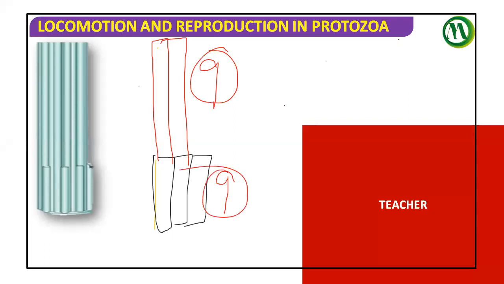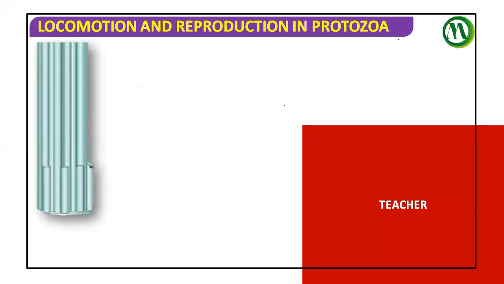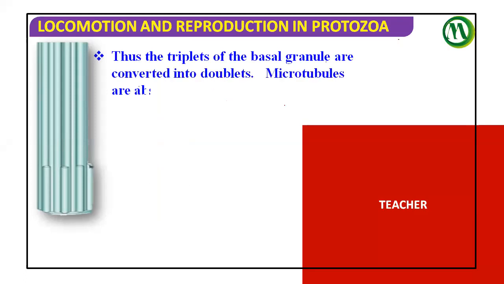The final output: 9 plus 2 arrangement in the flagellum with 9 peripheral microtubular doublets and 2 central singlets. In case of basal granule, 9 plus 0. This is a very important concept for us to learn, even for the coming topics in flagellar locomotion. So now I think we better understand the sentences.